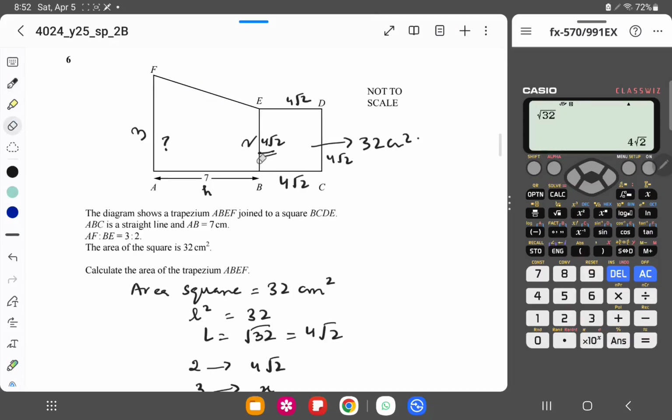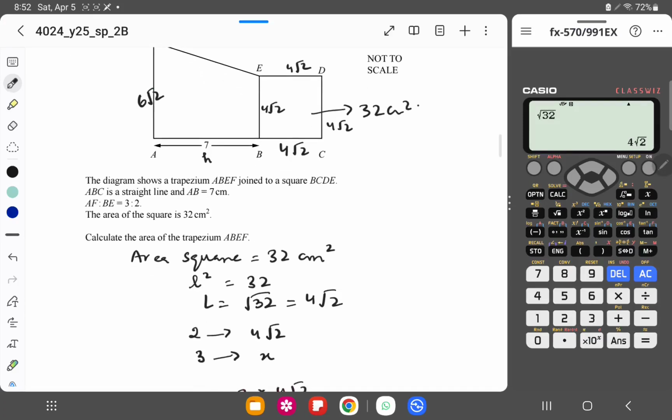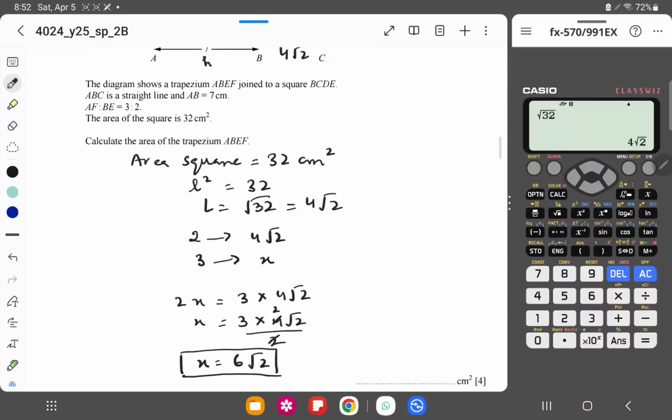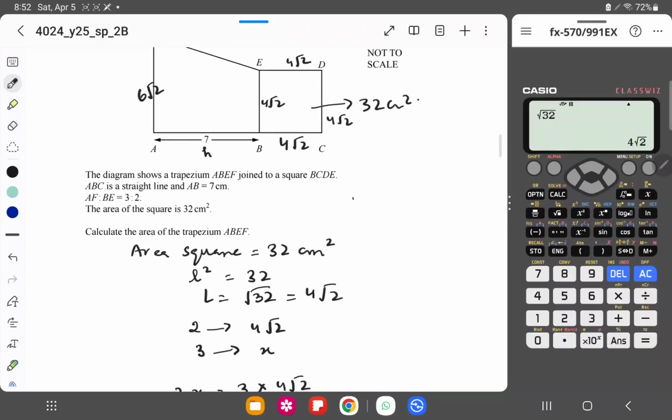Now the thing is easy for us. The parallel lines are 4 square root 2 and 6 square root 2, and the height is 7. So we can find the area of the trapezium, which is the question. Area of the trapezium equals half times height times the sum of parallel lines.